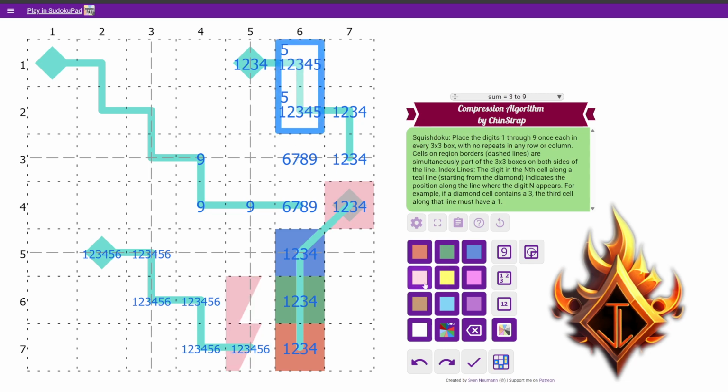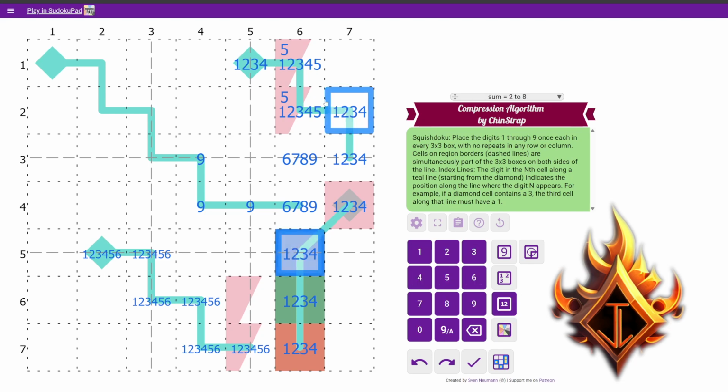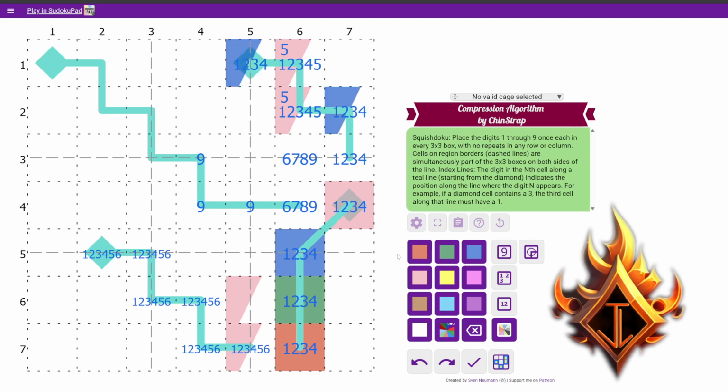So it goes in one of these two. And then, so blue here can only go in one of those. Green and red are in one of those.